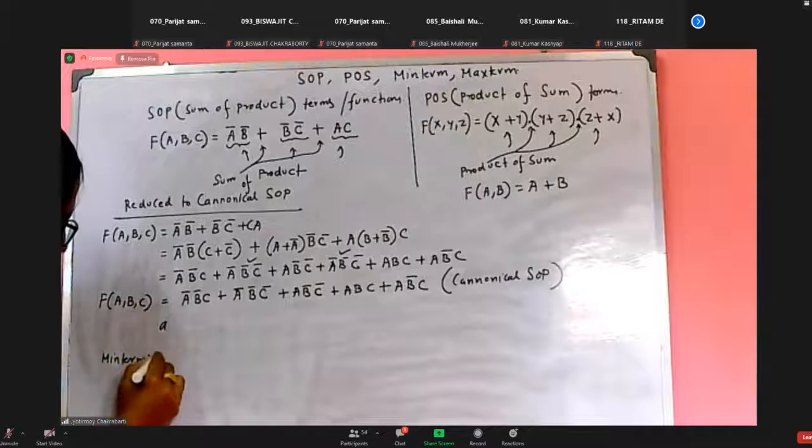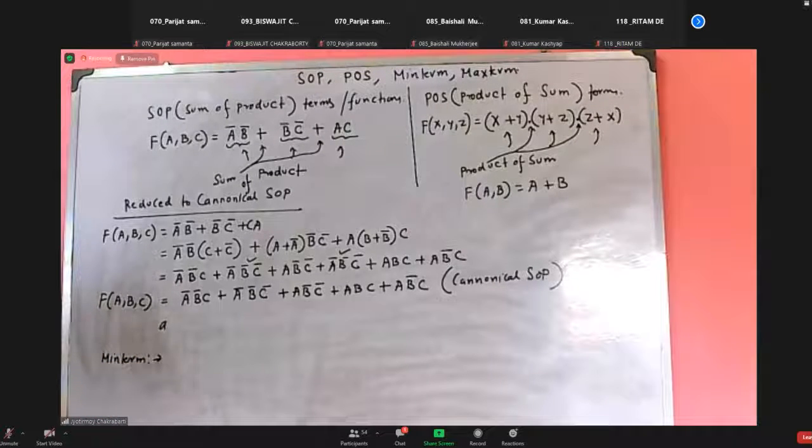So do you have any idea about Minterm? কারোর কোনো আইডিয়া আছে? স্যার, নিচে ওটা কী লিখেছেন আরো বলবেন? Minterm, MINTERM.